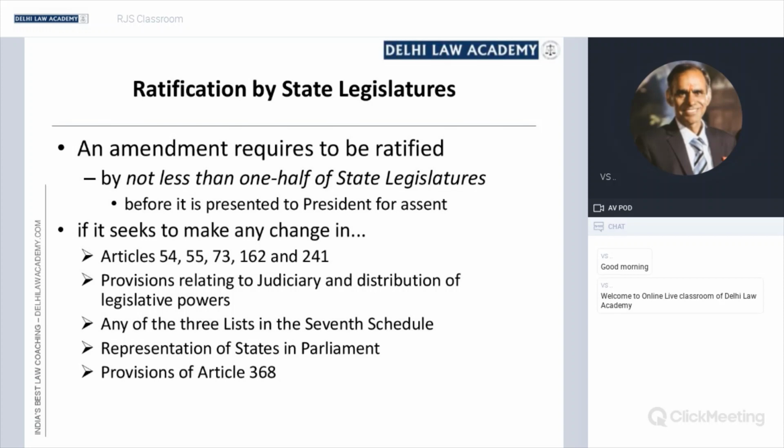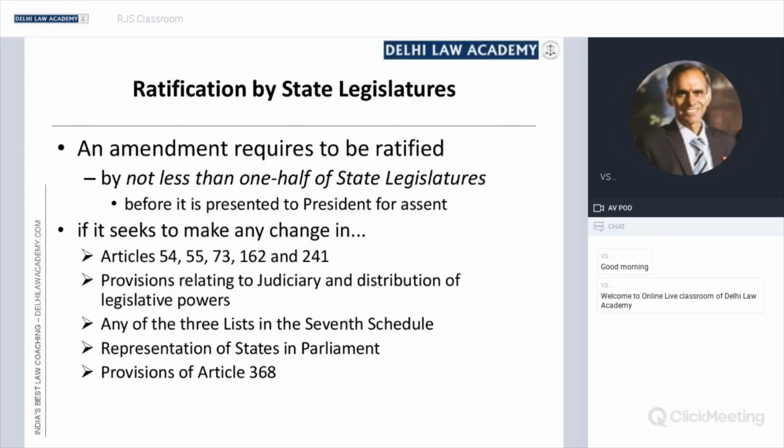If any amendment is to be made in respect of provisions relating to the Supreme Court, in respect of provisions relating to the High Court and subordinate courts, and then distribution of legislative powers, which is contained in Part 11 of the Constitution, dealing with the lawmaking power of the Parliament and the state legislatures, then also this special procedure has to be adopted.